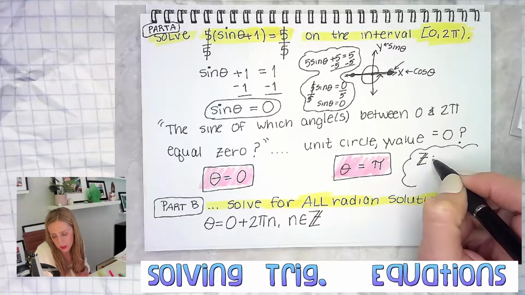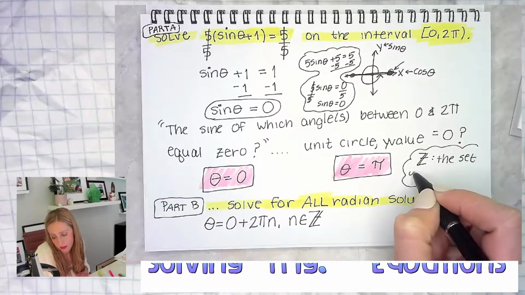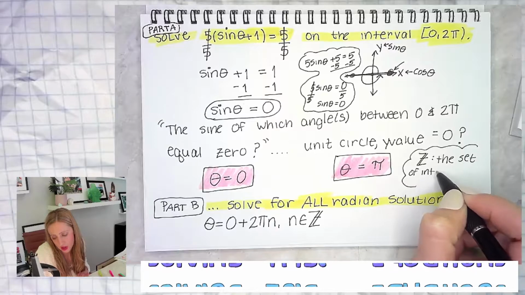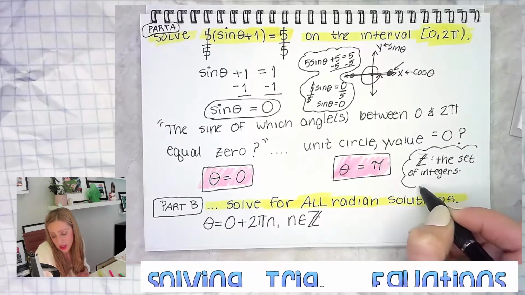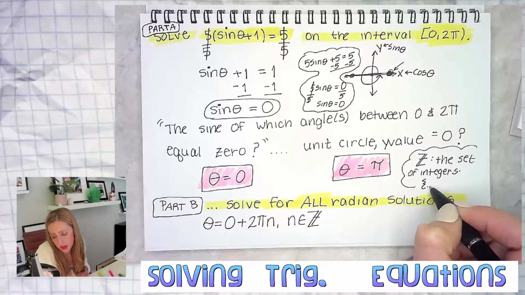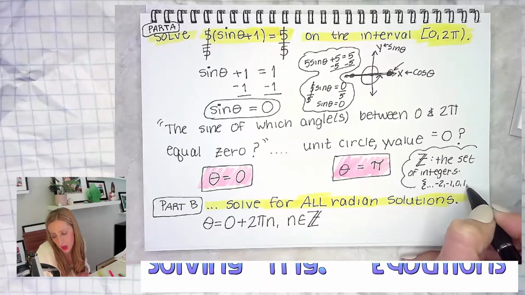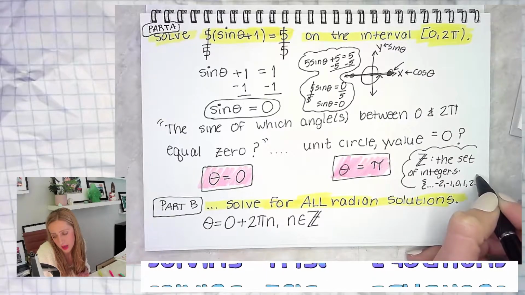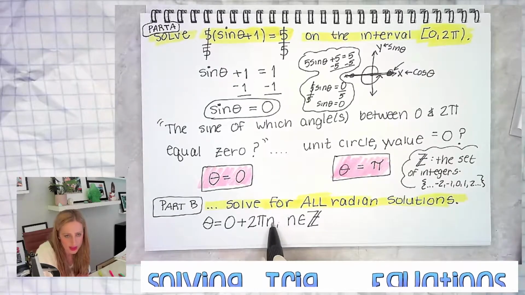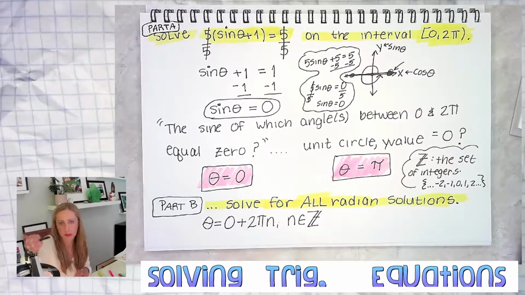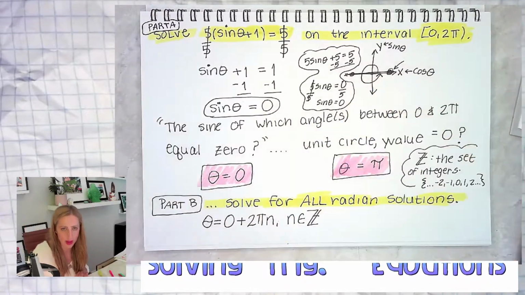This over here is the set of integers. That's just the symbol that we use. And the integers are ... -2, -1, 0, 1, 2, ... So any of those numbers going on, and that's what lets us add or subtract this 2 pi however many times, and it basically says that every angle that lands right there.